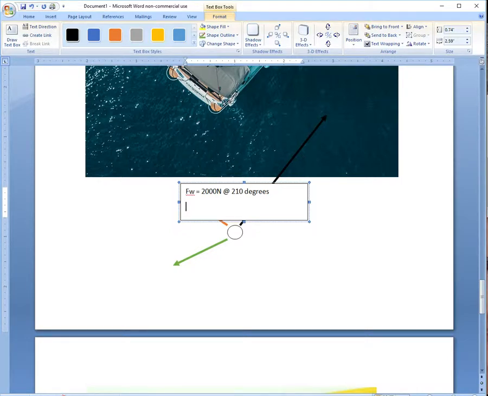And then we have the force of the drive, remember that's going forward, at 8,500 newtons at 45 degrees. And lastly, your current, which is the water going sideways, sorry, is at 1,500 newtons at 110 degrees.